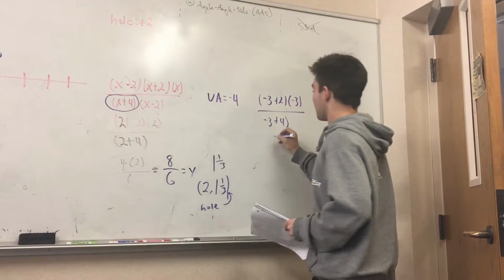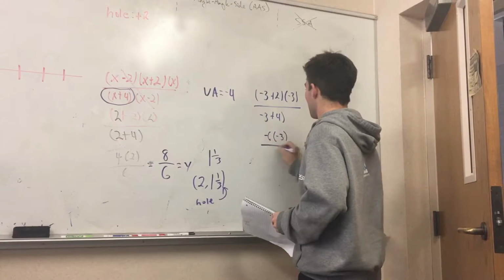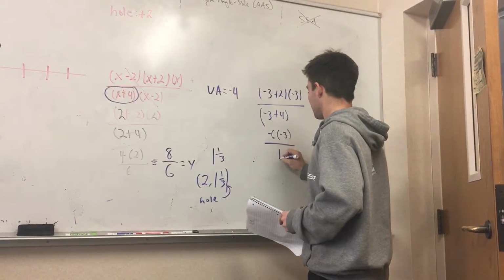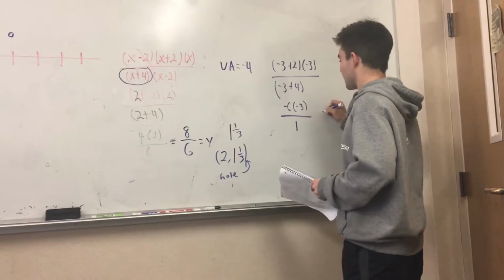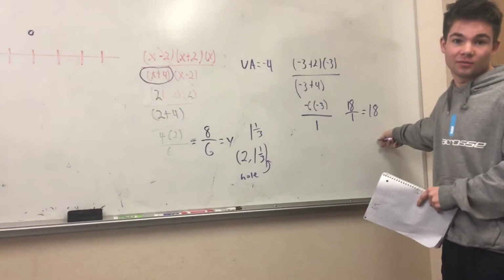Negative 3 plus 2 is negative 1, times negative 3 is 3, over negative 3 plus 4, which is 1. So that is positive.